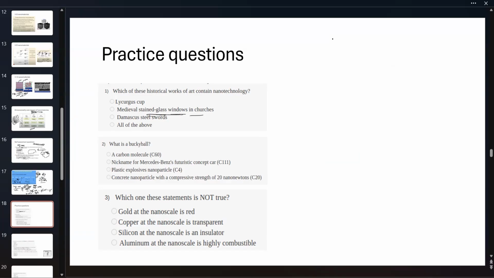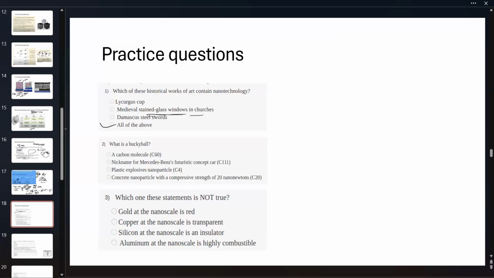And the Damascus steel sword has grain sizes which are again in nanoscale, or layers of nanomaterial, I think. Special about Damascus steel. Three of them are correct.